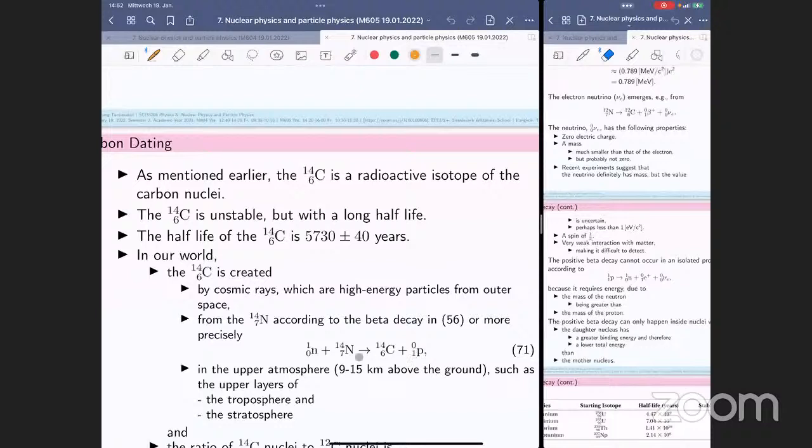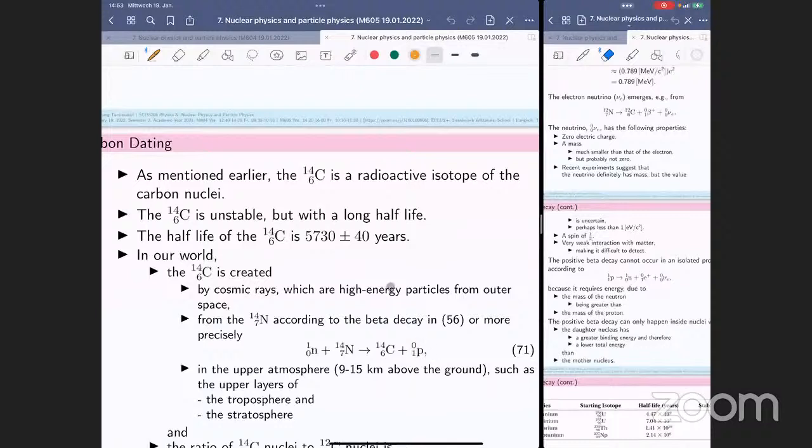So when a neutron hits the nucleus of nitrogen, the proton is kicked out and moves away, and the neutron just stays inside the nitrogen nucleus instead of the proton.